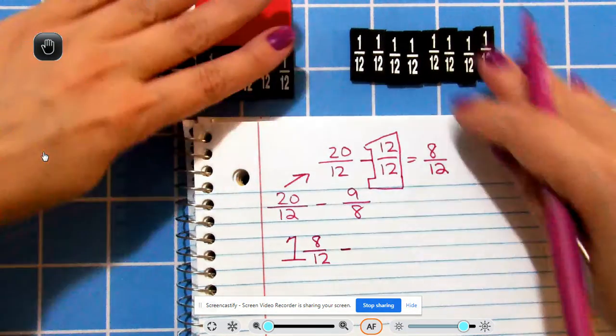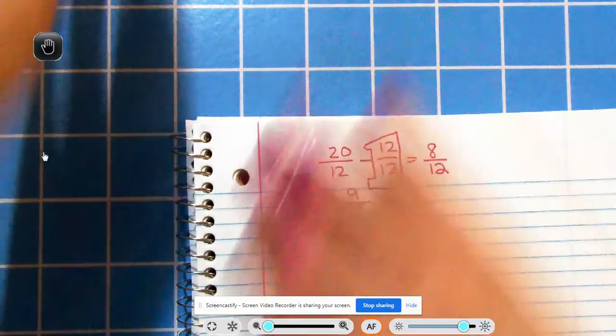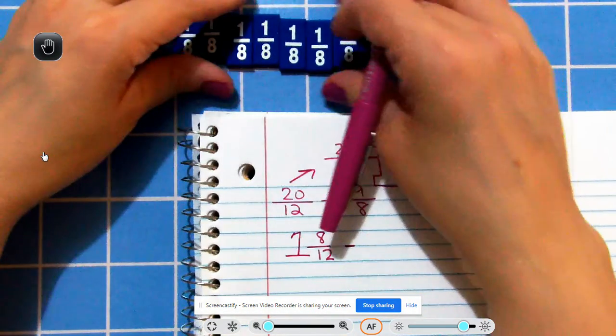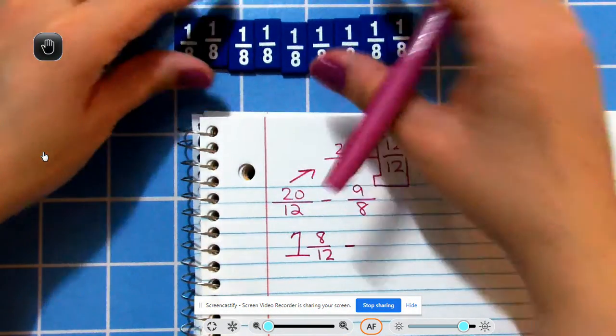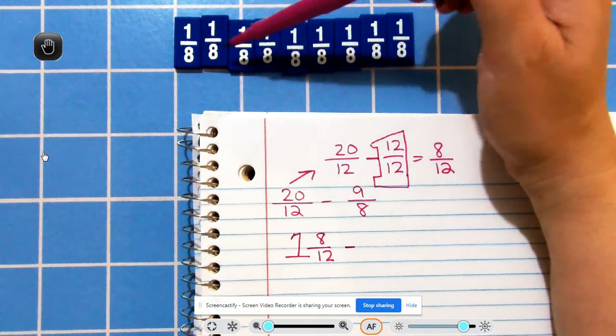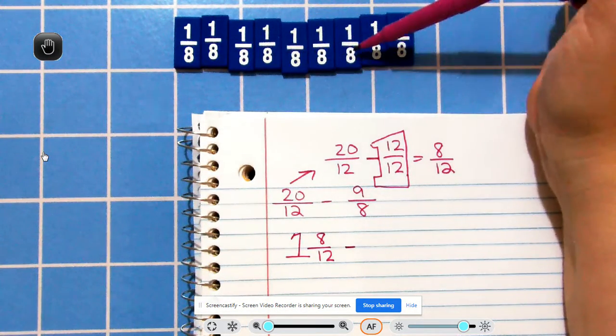Now we have to work with these eighths. We have 9 1/8 pieces, 9/8. Let's make sure we have 9 1/8 pieces. 1, 2, 3, 4, 5, 6, 7, 8, 9.